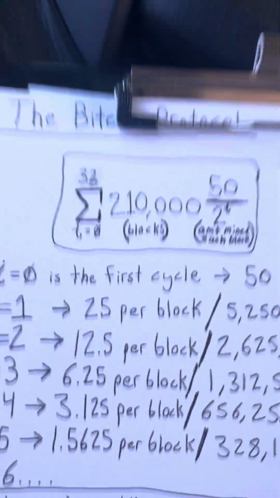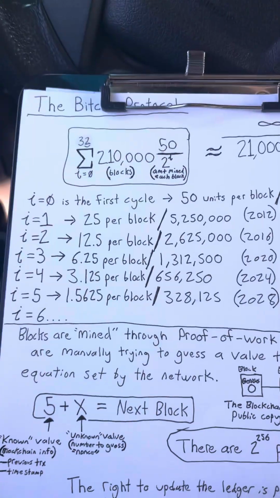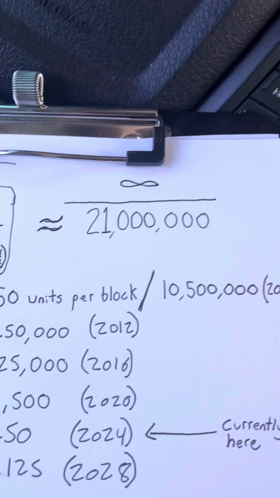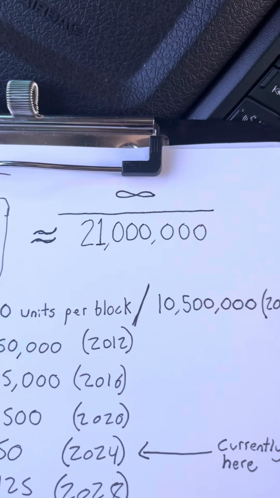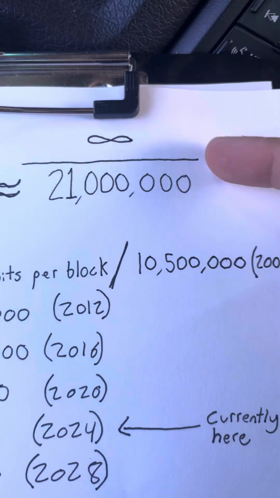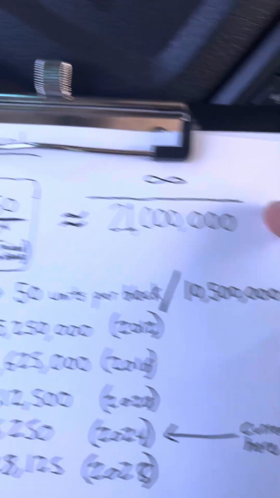But the important question is, what happens when you plug in values to this, and what do those values mean? So, right here, approximately, that's the important part, actually. I can't believe I didn't start with that. Infinite over 21 million. That's why this matters.